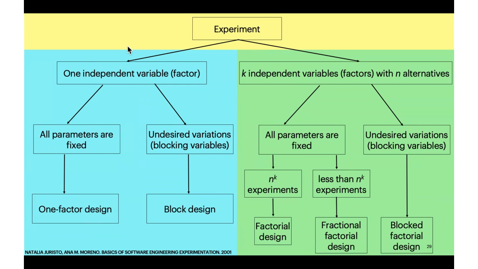We have undesired variations, which are blocking variables, and we get a blocked factorial design. The book I'm using here is by Natalia Juristo and Moreno, Basics of Software Engineering Experimentation. You might find similar books related to other kinds of experimental design outside of the software engineering field.